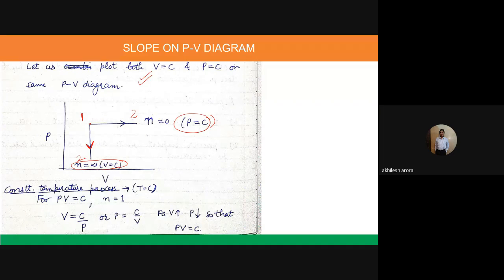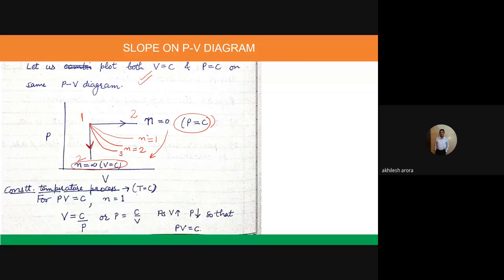So you can see the value of n is increasing in this particular direction. So where should n equal to 1 be? I can say this is the value of n equal to 1. I can say this is n equal to say 2, and let's say this is n equal to 3, and so on.